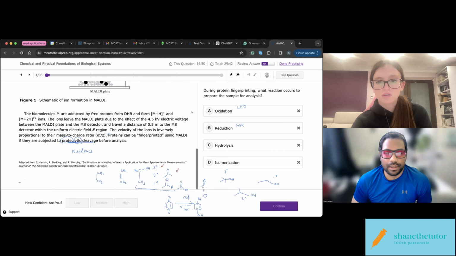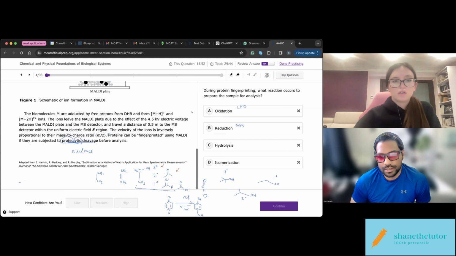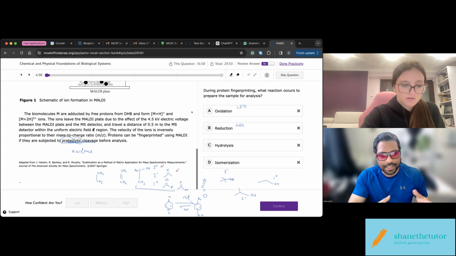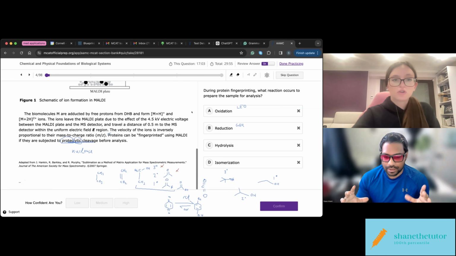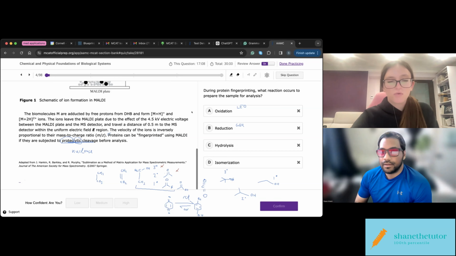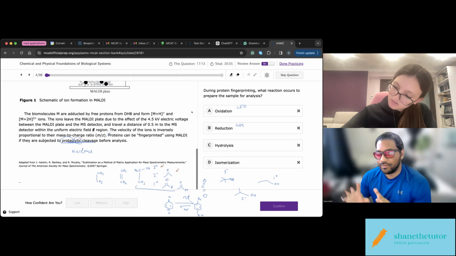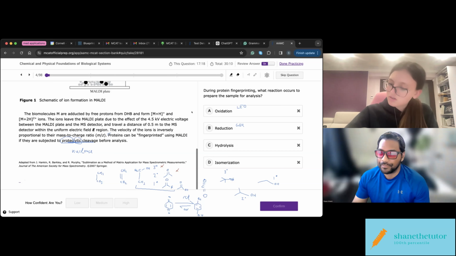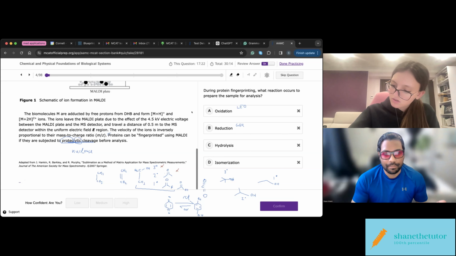But the thing with redox is that you can never just have reduction and you can never just have oxidation. Are they mutually exclusive, like if one is happening then the other one's happening? It's the opposite of mutually exclusive, because mutually exclusive means it has to be one or the other, but redox has to be both.